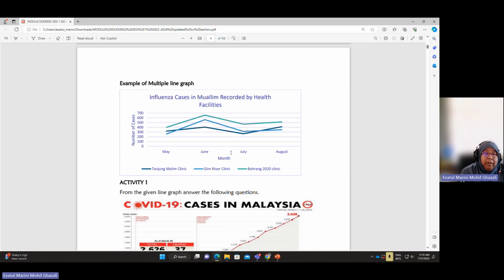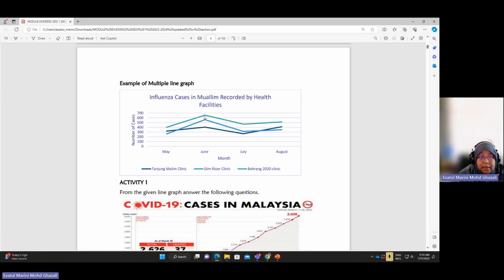Every 100. If you look at the line graph, it shows that the lowest number of cases recorded in Tanjung Malim Clinic is over 300, in Slim River Clinic almost 300, and in Behrang 2020 Clinic is 400 cases.